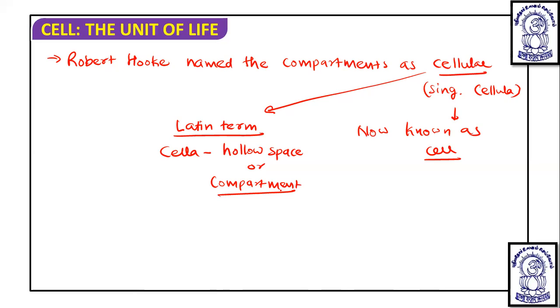Actually, the cells of Hooke were cell walls enclosing the spaces left by dead protoplast. It was initially just dead protoplast which left the spaces, surrounded by a wall.